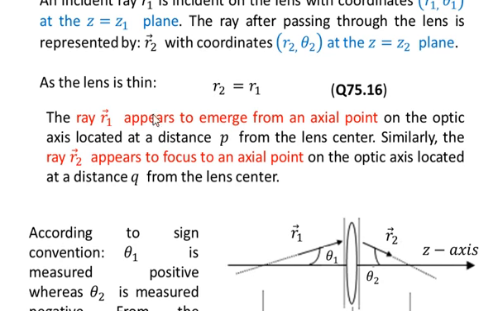A ray R1 appears to emerge from an axial point on the optic axis located at a distance p from the lens center. Similarly, the ray R2 appears to focus at an axial point on the optic axis located at a distance q from the lens center.